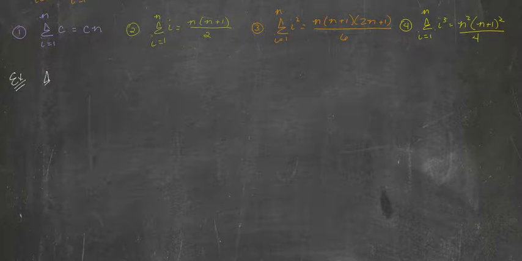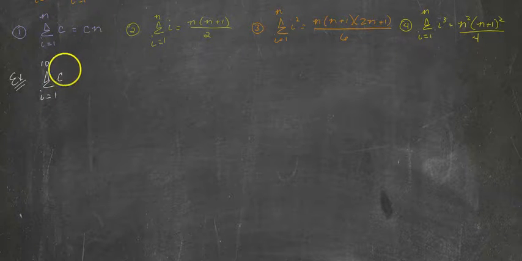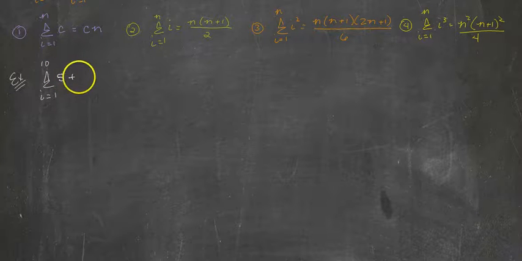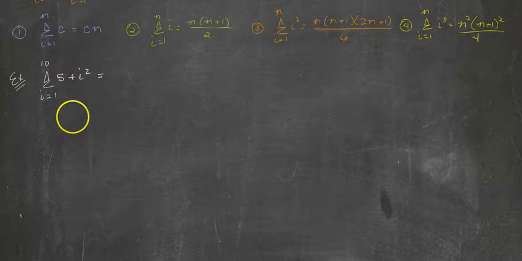Let's evaluate the sum as i values start at 1 and end at 10 of a constant, let's actually give it a constant, 5 plus i squared. First, let's use an earlier rule that we applied, which is to break this into 2 separate sums.